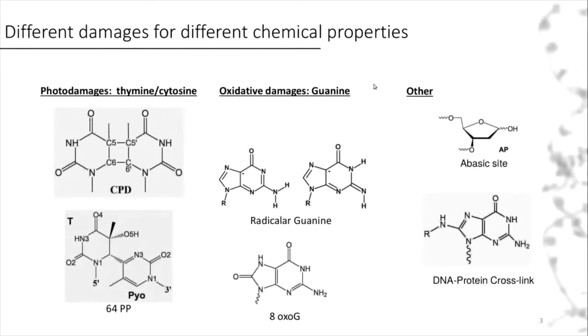Then this radical guanine can react with a water molecule to form 8-oxoguanine, or with a protein or other molecule to form crosslinks, such as DNA-protein crosslinks. Other damage can be an abasic site resulting from a partial repair of DNA, which can also be linked to proteins.